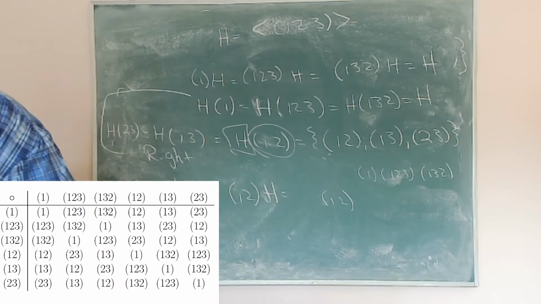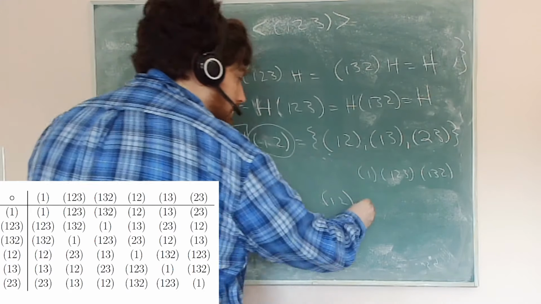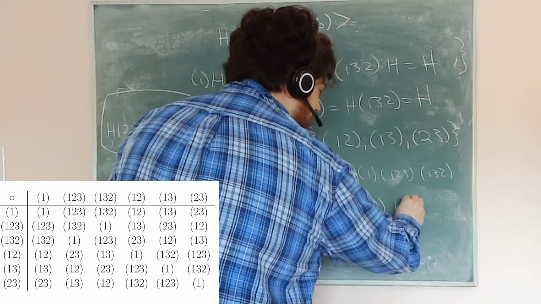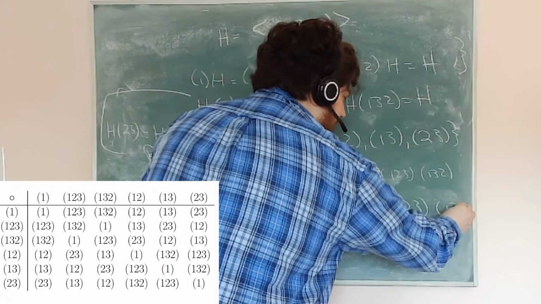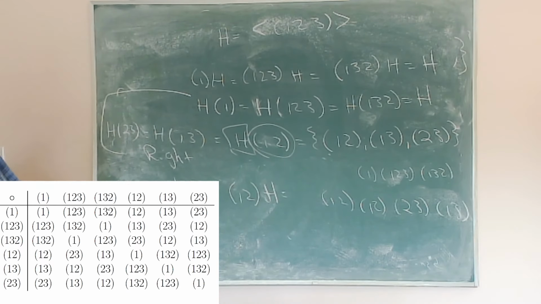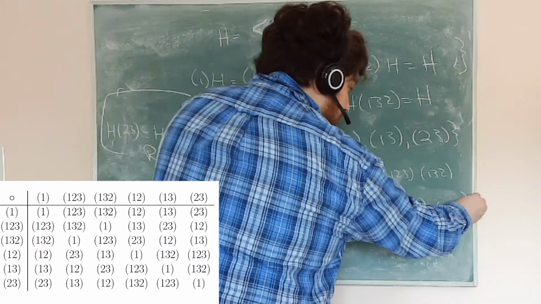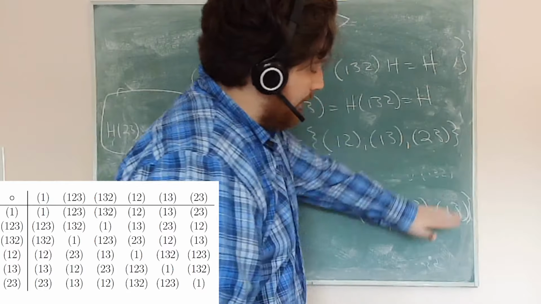If I write that down as per my Cayley table, I get (12), (23), (13). So this is my set: it's just (12), (23), (13).